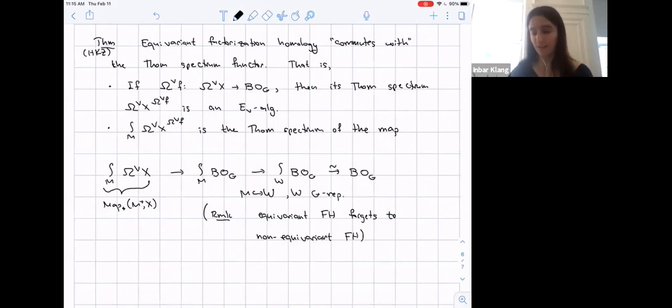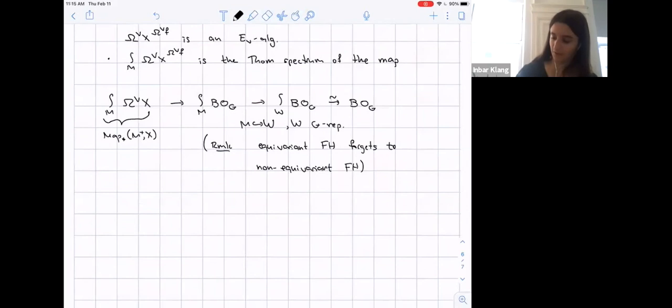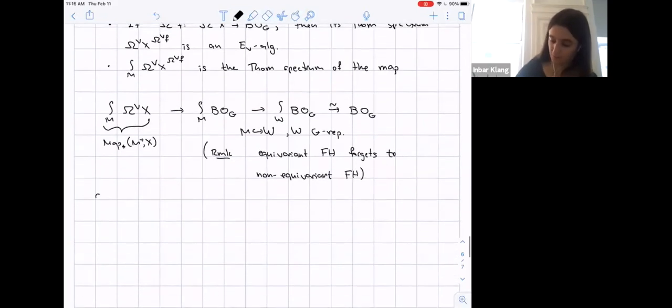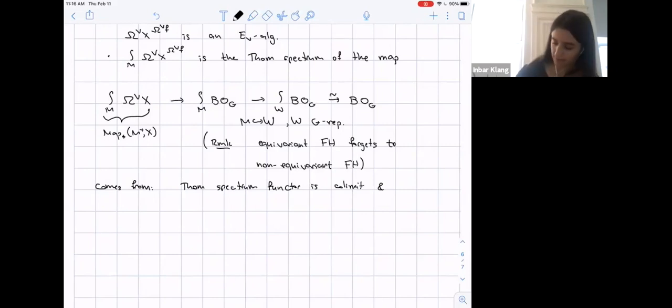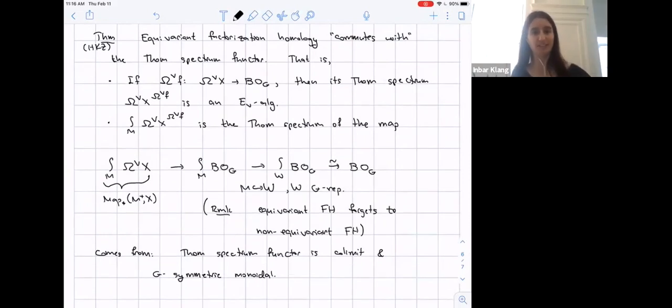So maybe I'll write that down. That's where this is coming from. So it comes from the Thom spectrum functor being a colimit, and it's G-symmetric monoidal, in the higher categorical sense. And so therefore it respects factorization homology.